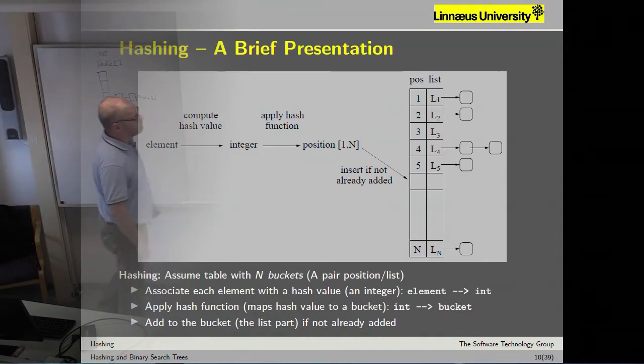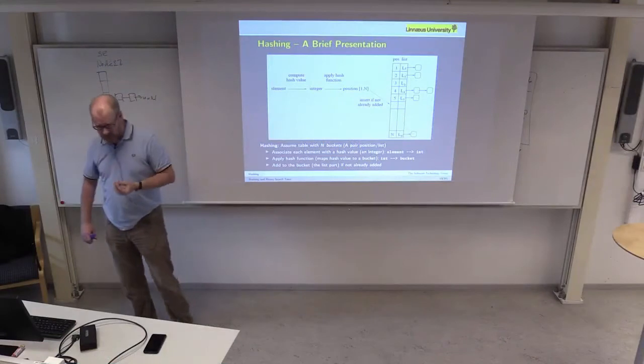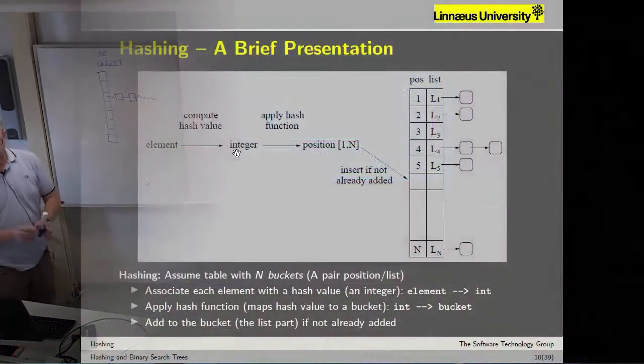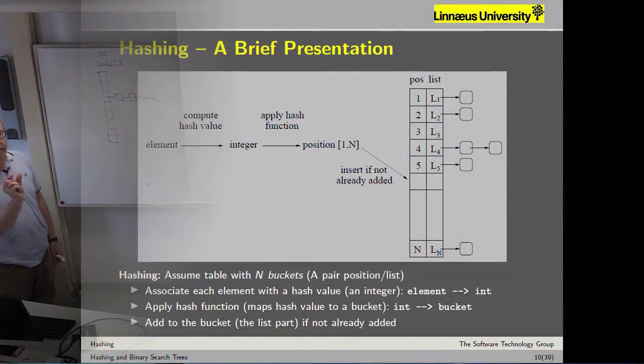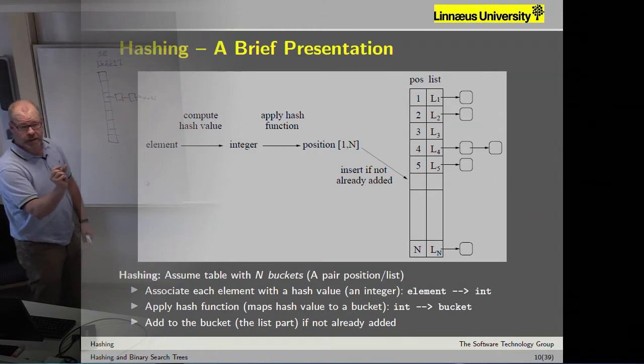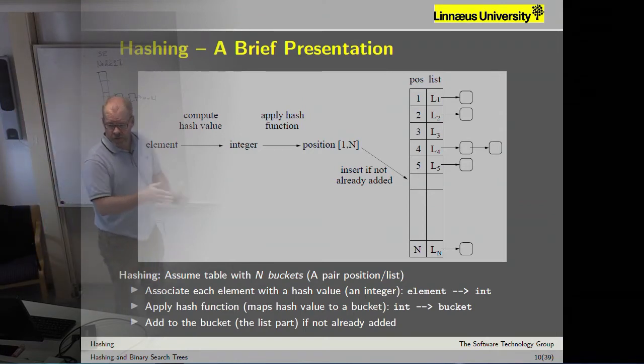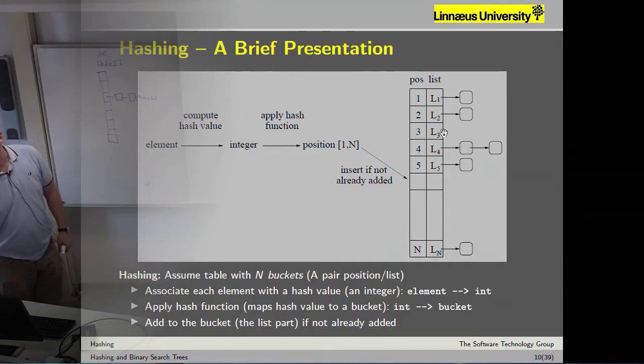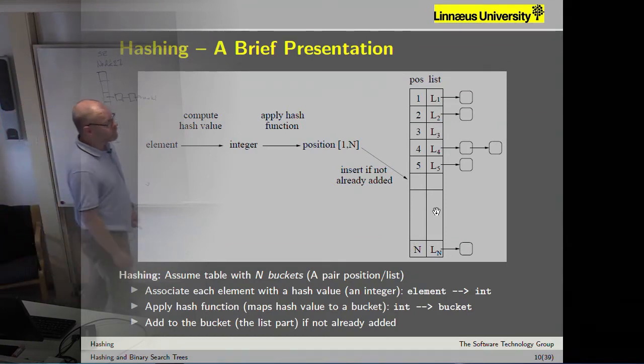So you have something like a student, and you would like to associate it with a hash number. You cannot just take the first 2 digits in the ID number, because then it will only be a small variety of possible hash values, and we will not use the entire array. So to get an even distribution across the buckets is crucial for speed.